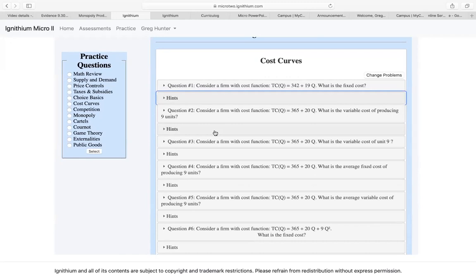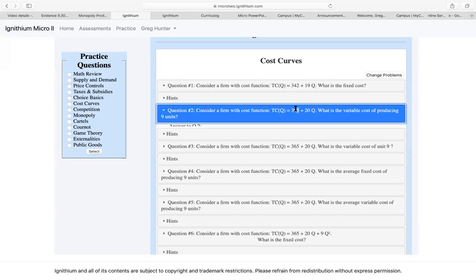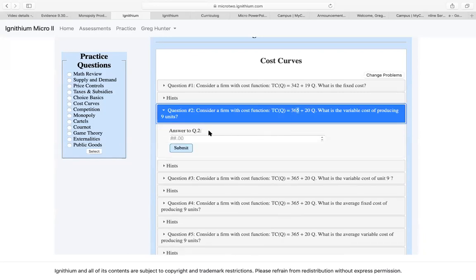Yeah, it changes with Q. So I guess you would just do 20 times 9 to get the variable cost, because you would discard the fixed cost. That's not variable, right? Yeah, because if you were to add the fixed cost, then it would be the total cost of producing 9 units instead of just the variable cost. Right.